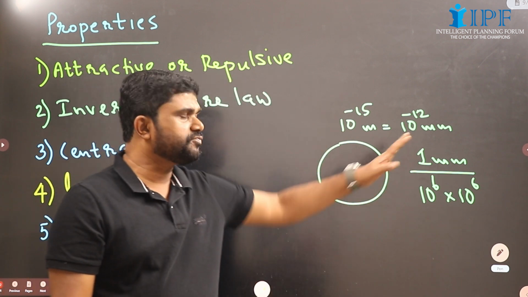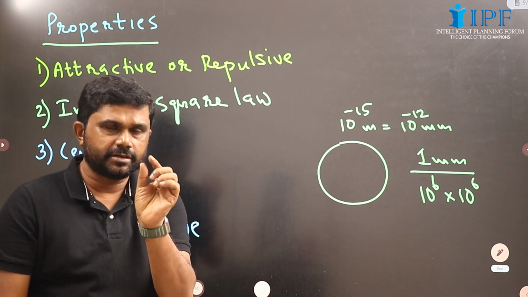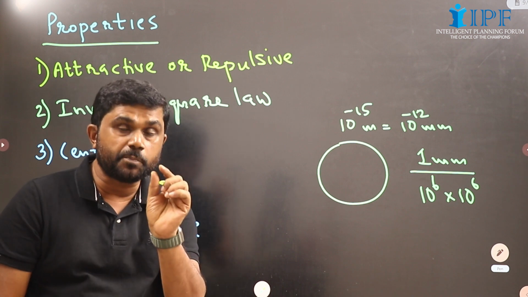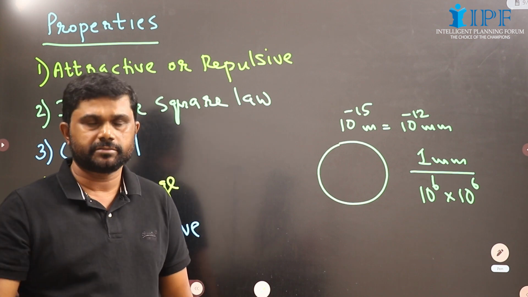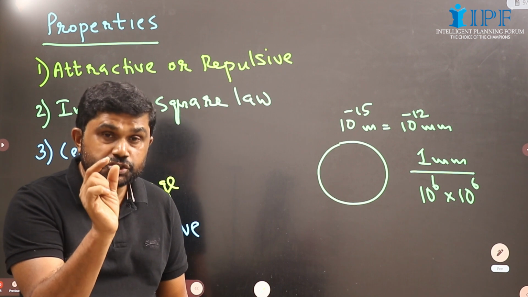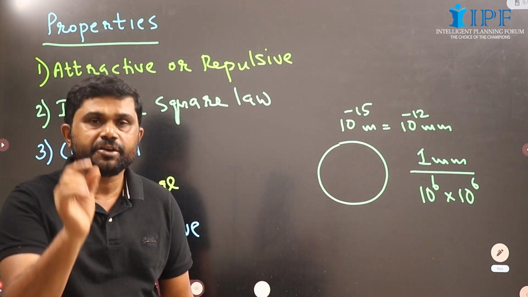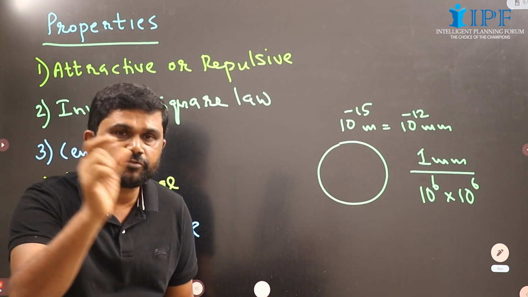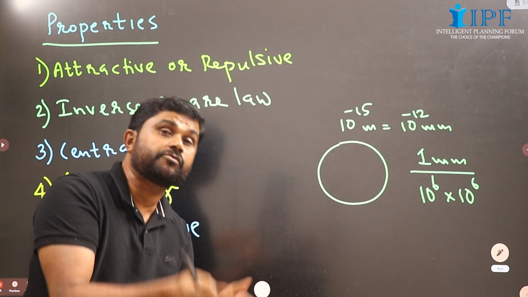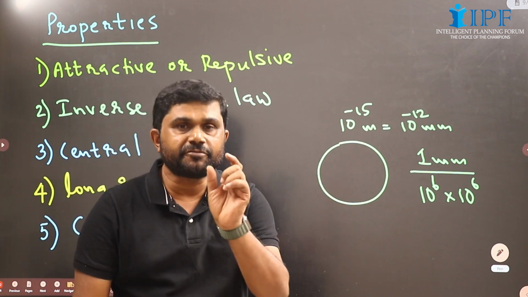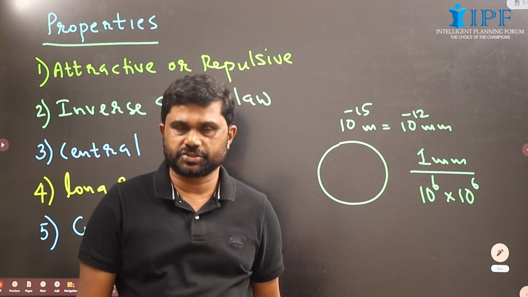What is 1 millimeter? It is the least count, the smallest division in a meter scale. Take that 1 millimeter and divide it into 1 million equal parts. Take one part out of that 1 million parts and divide that one part again into another 1 million parts. Then that will be the radius or the diameter of a nucleus.